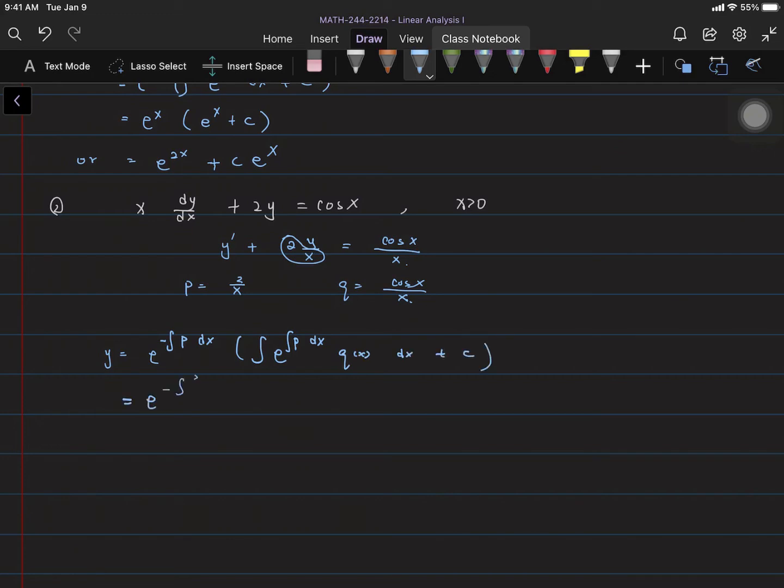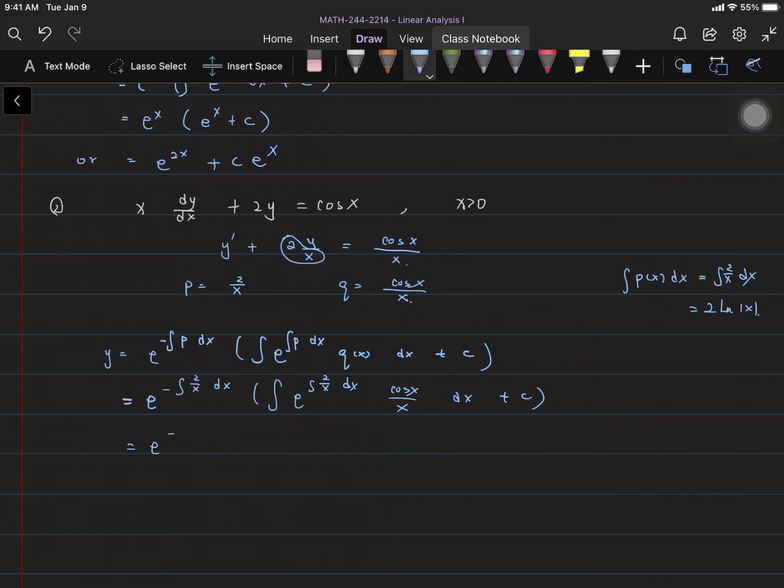So e to the integral of 2 over x dx. Actually, if you want, you can calculate this like in the first example: you can calculate the integral of p dx before you plug into the formula. So it's the integral of 2 over x dx, you can do this, okay? And q(x), which is cosine x over x dx plus c. So right now I just plug p and q into the formula, and I'm going to solve those integrals.